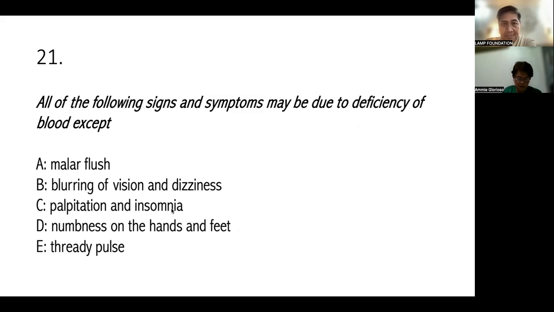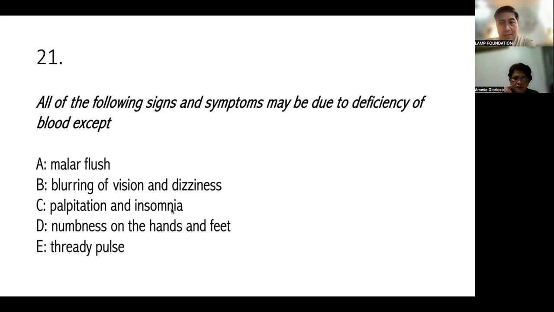Okay, number 21. All of the following signs and symptoms may be due to the deficiency of blood except... Letter A, because malar flush po siya, discoloration of face siya. So hindi siya kasama doon. Saan siya nakikita ang malar flush? Sa balat po.